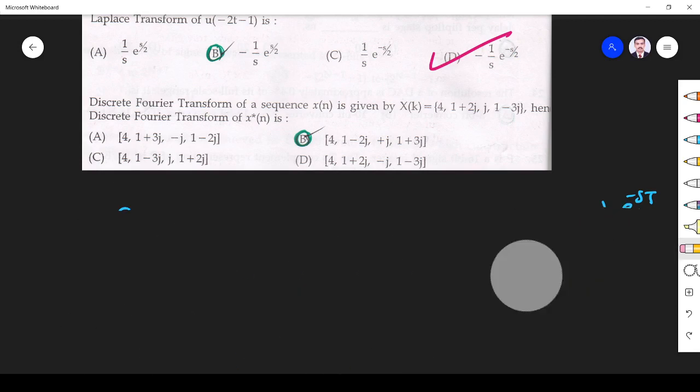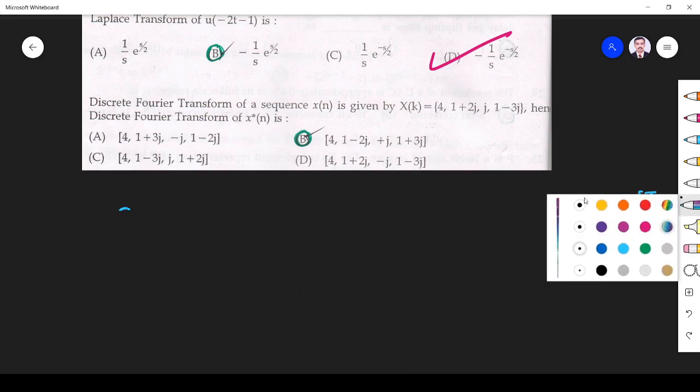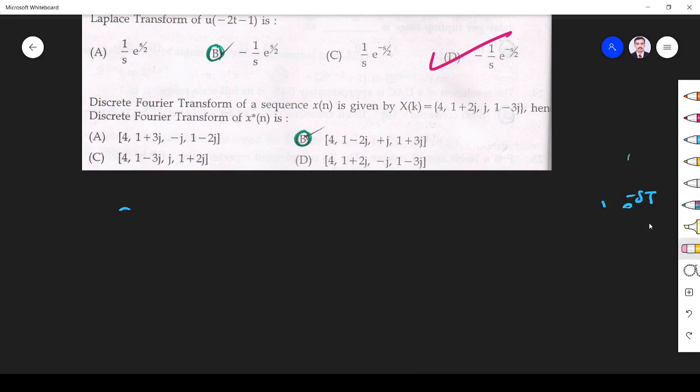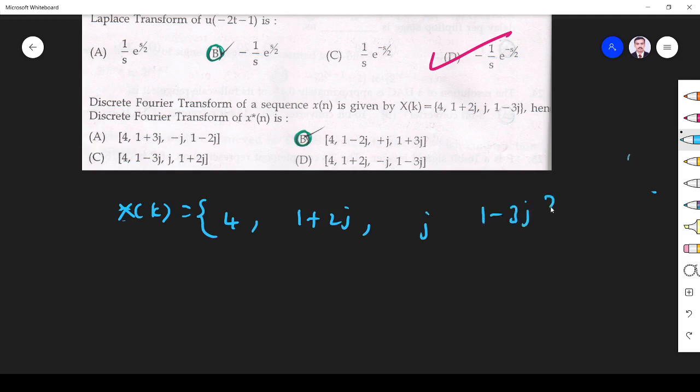Next problem is what they have given. Here they have given that the Fourier transform of x of n is given by X of k. X of k is given by 4, 1 plus 2j, j, 1 minus 3j.